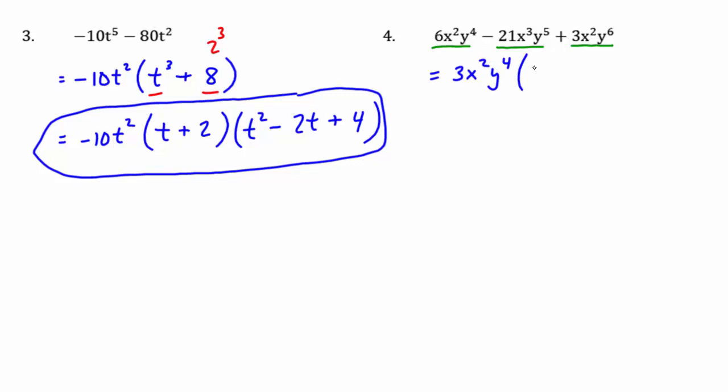So let's see, 6 divided by 3 is 2. x squared comes out, so does y to the 4th. Then we'll have minus, 3 goes into 21 7 times. There's still 1 x left over. And there's a y left over. Then we have plus, the 3 comes out, the x squared comes out, and y to the 6 becomes y squared.